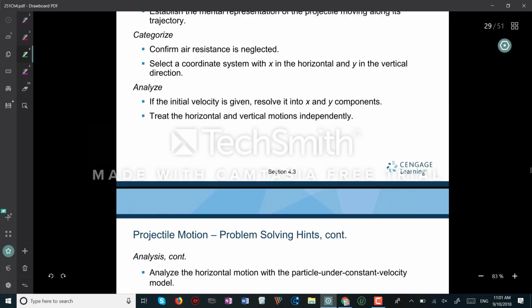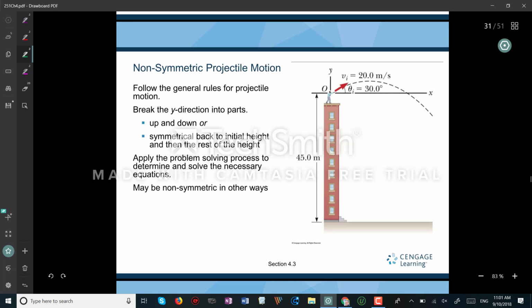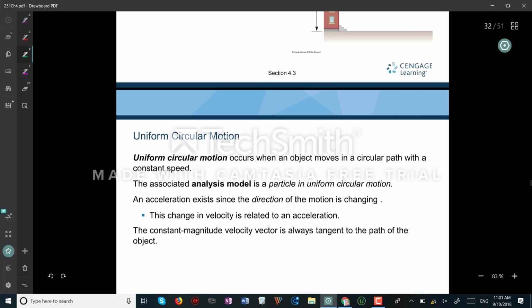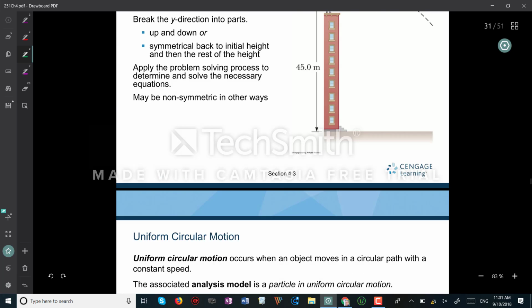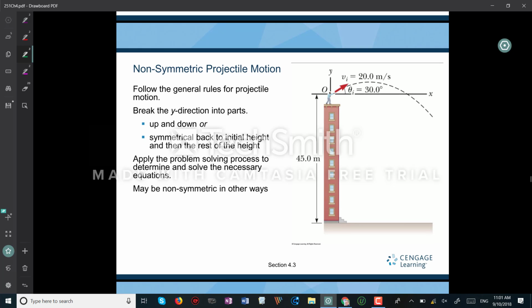So hints on solving, I'll let you read those. Non-symmetric, again, your final and initial heights are not the same. Notice, for this case, in order to find out where the projectile hits, what condition must be met?